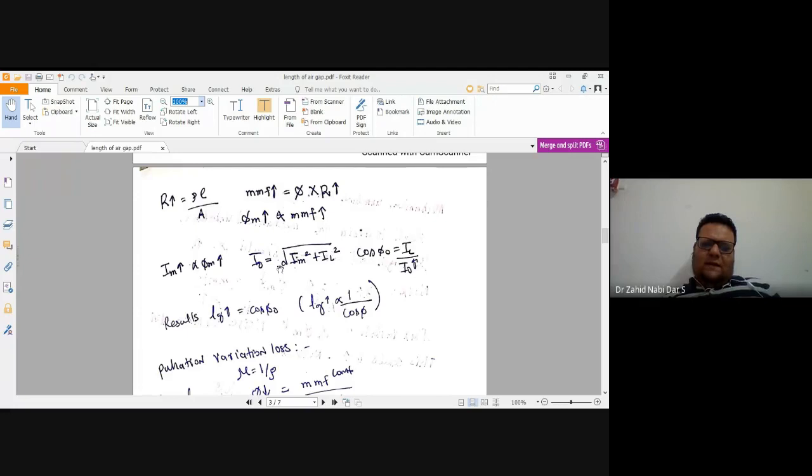So now this inductance, your power factor depends upon IL by I naught.